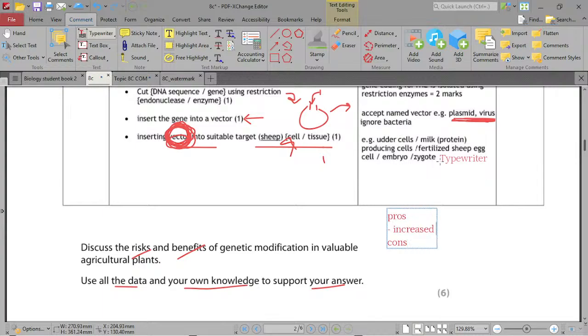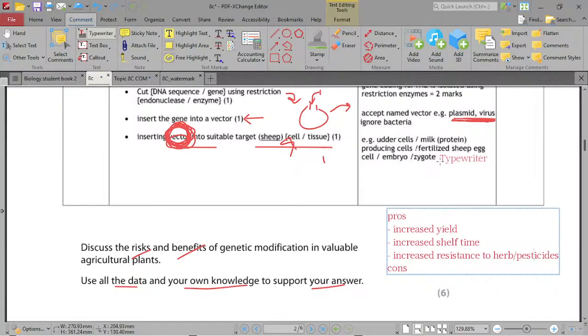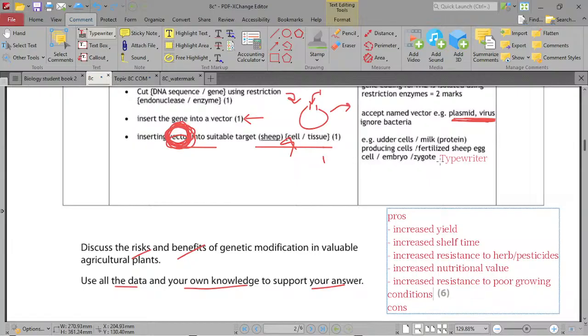So increased yield, increased shelf time, increased resistance to herbicides, pesticides, increased nutritional value, increased resistance to poor growing conditions, abiotic conditions, I should say.